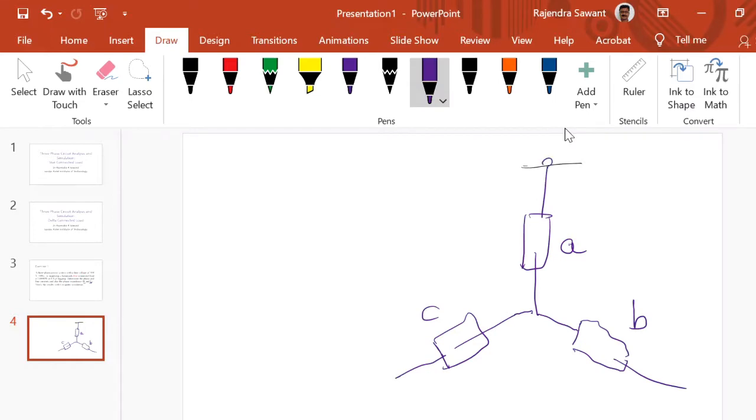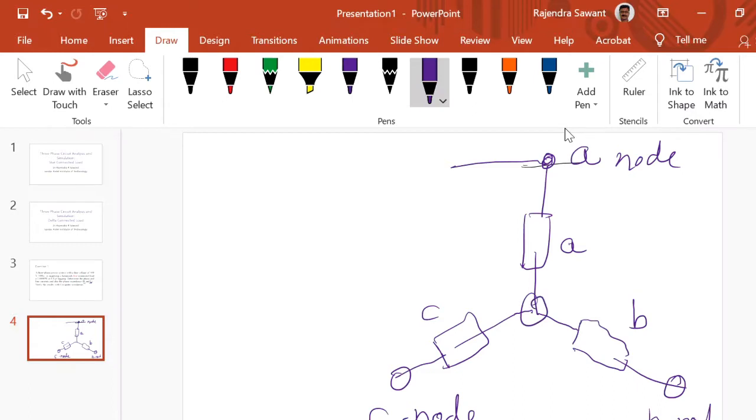So there is an A terminal, where the A phase is connected. This we shall call a node or A terminal. This we are calling a B node, and this we are calling a C node. And this we are calling a neutral. So this is the neutral of the load. So this we can call NL.